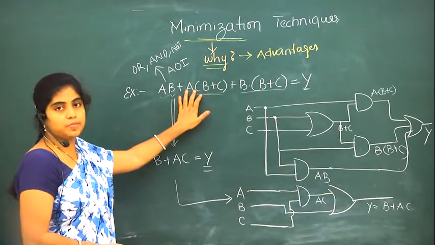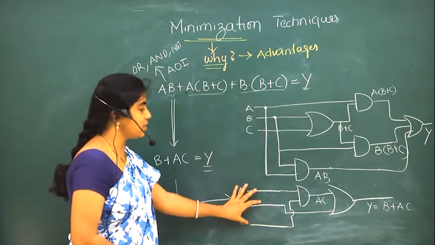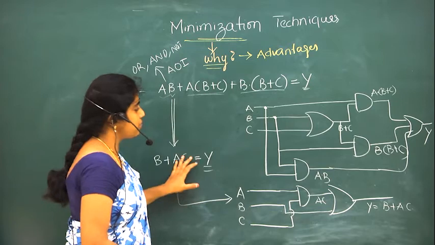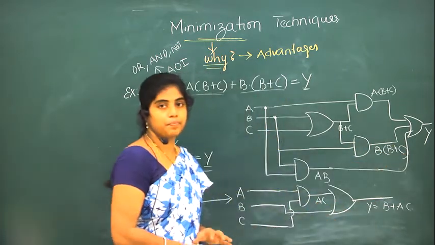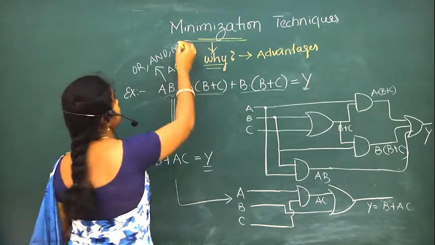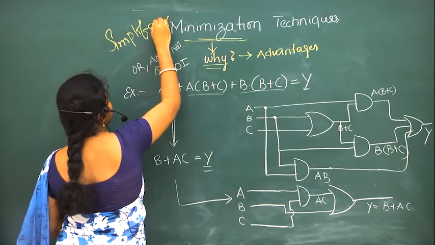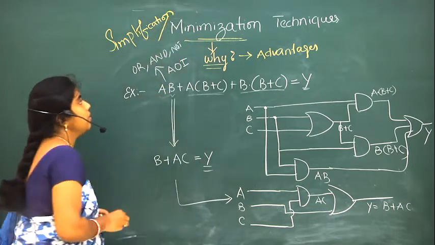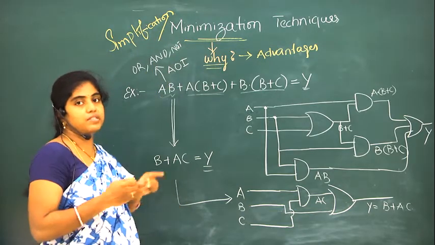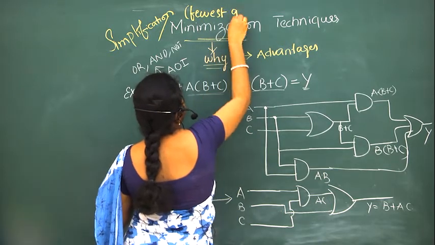So this is a given expression and this is the simplified expression, and these are the logic implementations of these two expressions. These two expressions will give the same output of Y. By this we can say that simplification or minimization is nothing but minimizing or simplifying a given expression to its fewest gates possible.